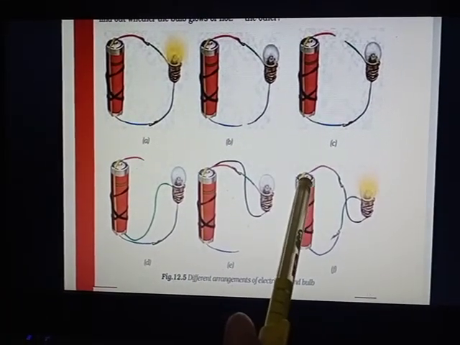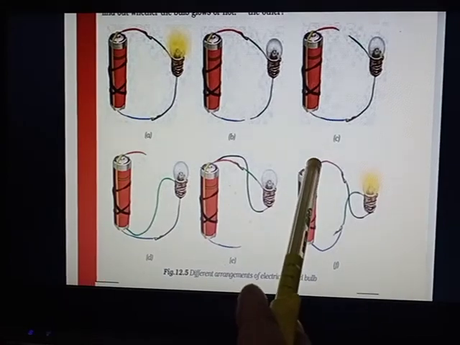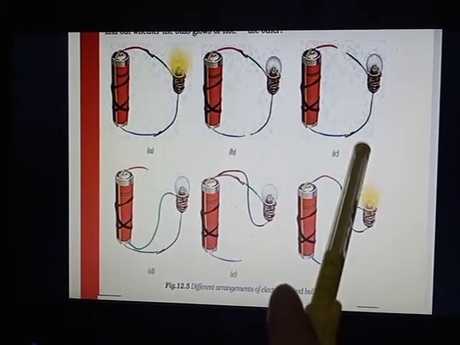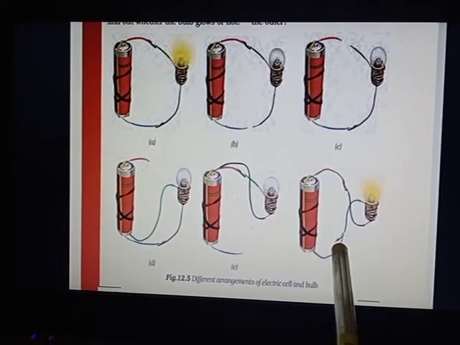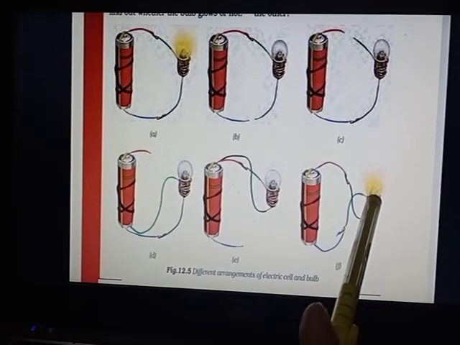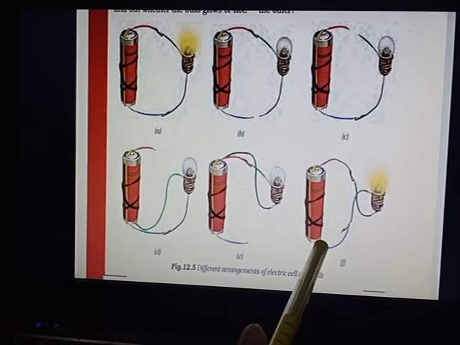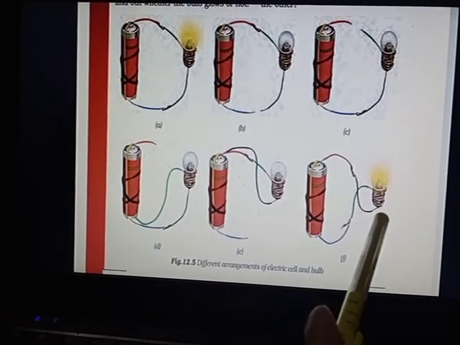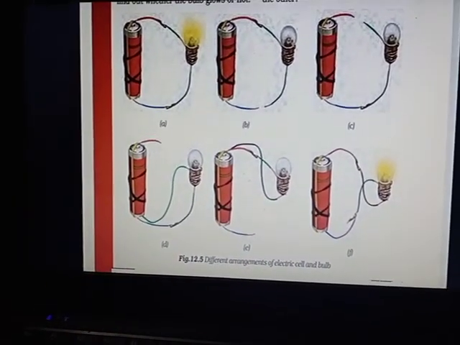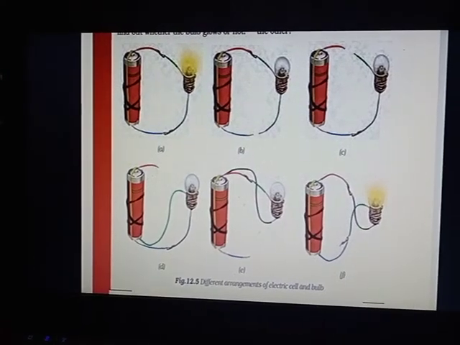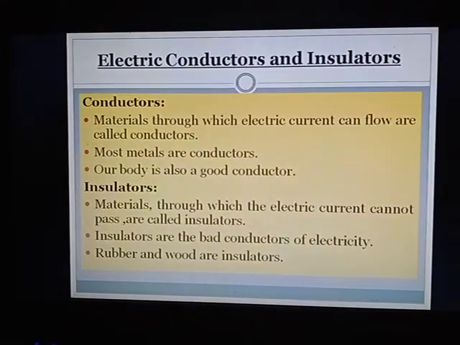But here this is a complete circuit. The positive terminal of the cell is connected to one terminal of the bulb, and the other terminal of the bulb is connected to the negative terminal of the cell. So here the circuit is completed, current flows and the bulb will glow.